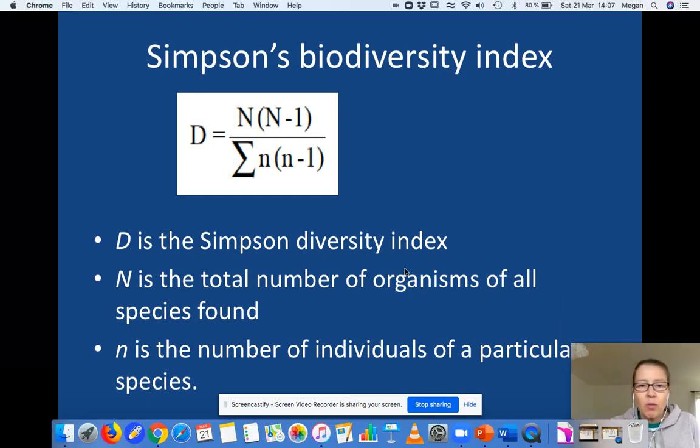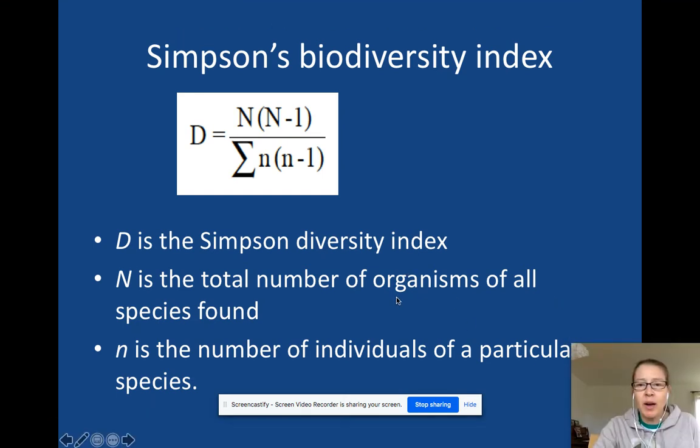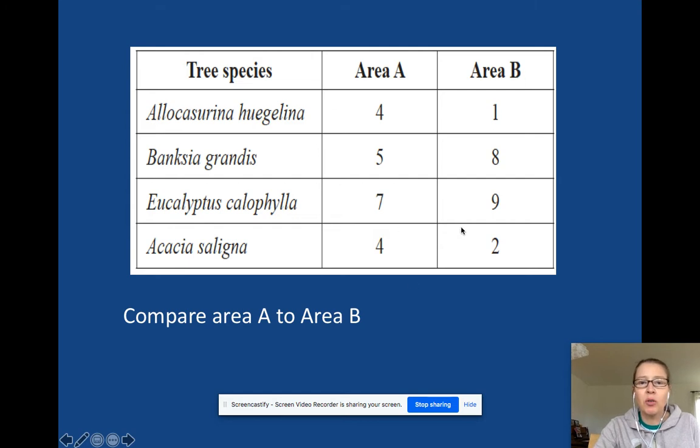So I'm going to work through a practice problem where we're going to actually compare two different areas. So we have area A has these 4 different species in it, and area B also has these 4 different species in it. So actually their richness is the same. So they have 4 different species and 4 different species. The evenness is slightly different between these two.